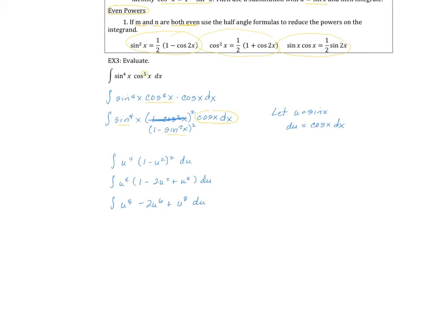So the antiderivative here is going to be u to the 5th over 5 minus 2u to the 7th over 7 plus u to the 9th over 9, and then plus our constant c.